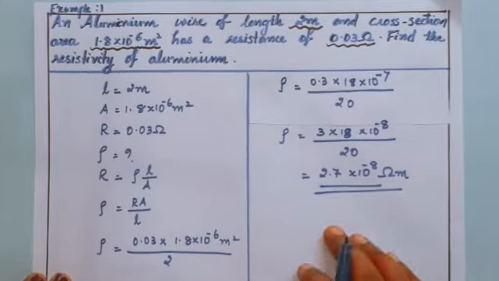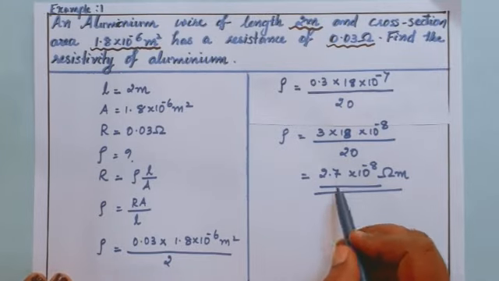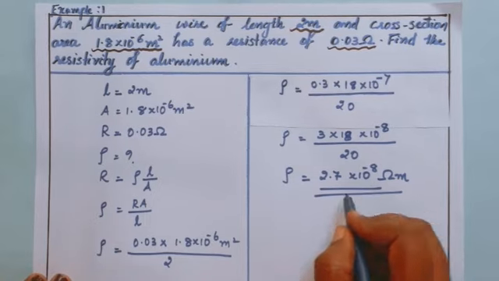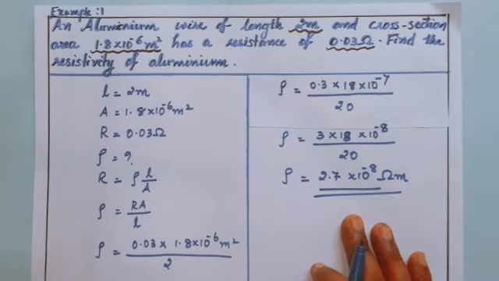By simplifying this, we get 2.7 into 10 raised to minus 8 ohm meter. This is the answer.